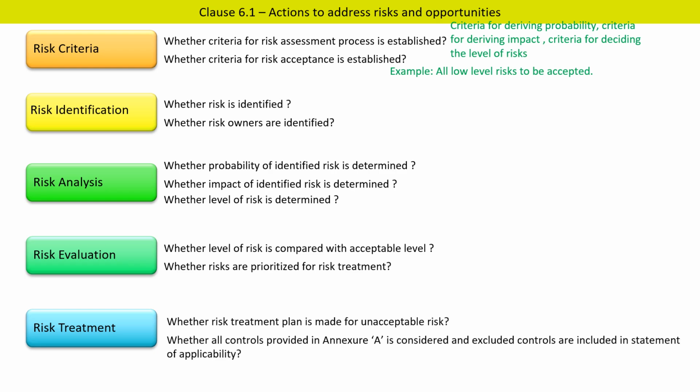While validating the risk treatment plan, the auditor needs to verify whether the organization has made a risk treatment plan for all the risks above the acceptable limit. Also, auditors should verify whether all controls provided in Annexure A are considered and excluded controls are included in the statement of applicability.